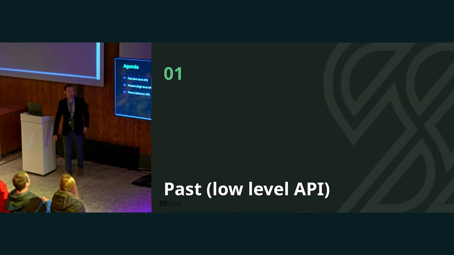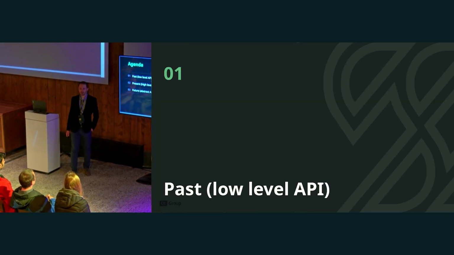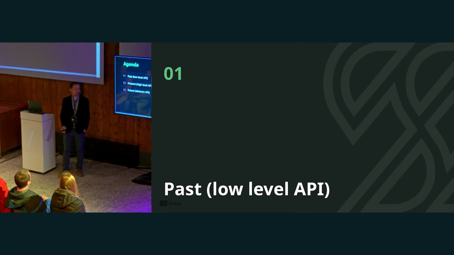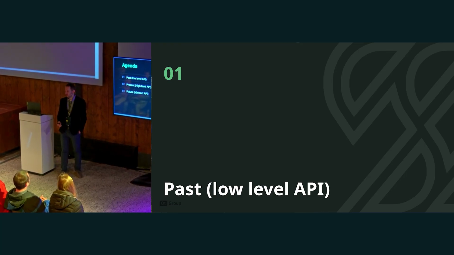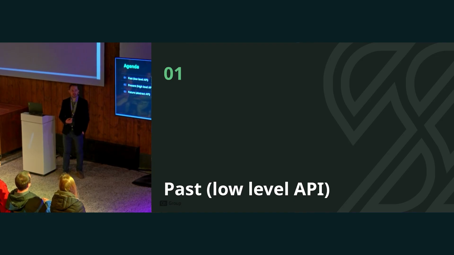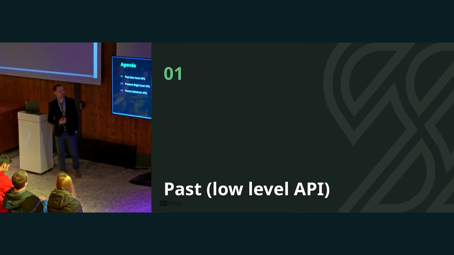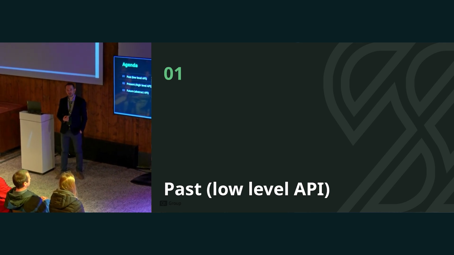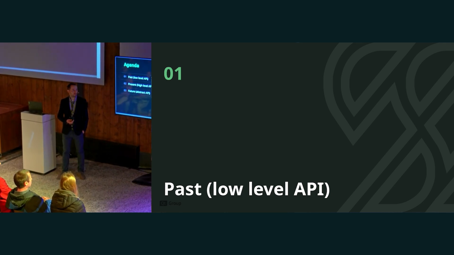Okay. So my talk is divided into 3 sections. In the first section, I will talk about the past, that is the old and the low-level API that was available in Qt for multi-threading since the beginning. In the second section, I will talk about the present, which is current higher-level API.